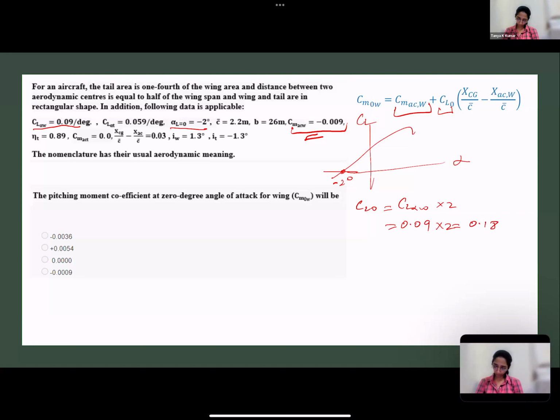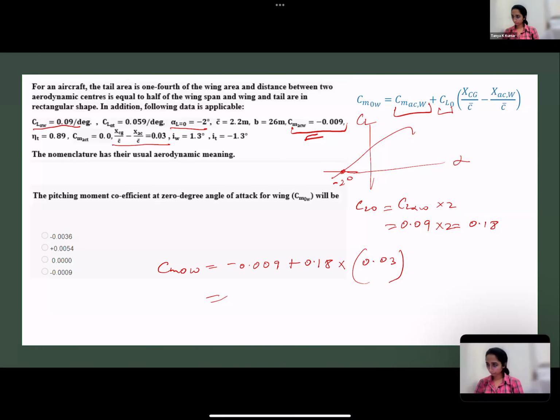So you have your CM naught wing is CMAC wing, which is minus 0.009, plus 0.18 into XCG minus XAC. This value is 0.03. How much is this? Just calculate it.